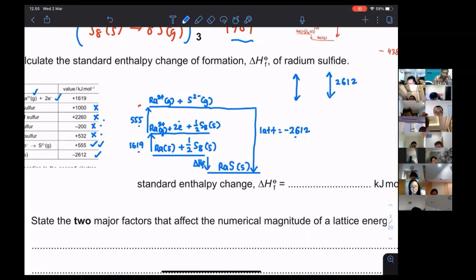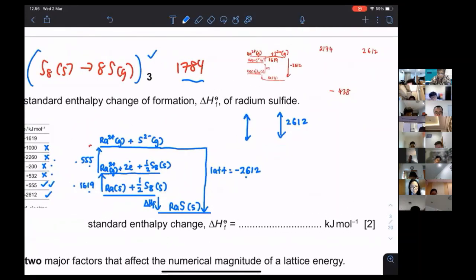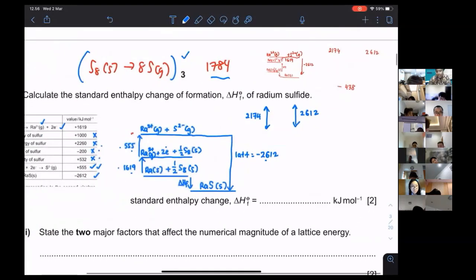If I add 555 with 1619, I will get the value which is going to be 2174, without including formation. Now from here I know that my enthalpy of formation is going to be negative because this value is smaller than this value.